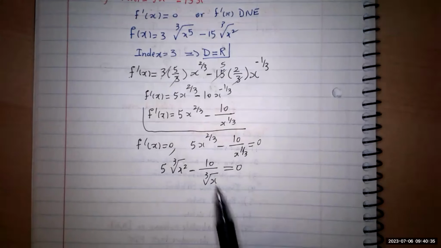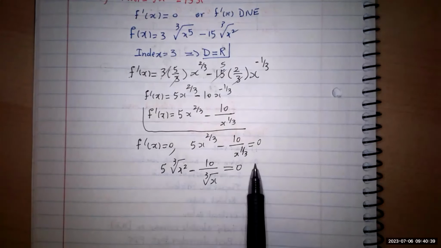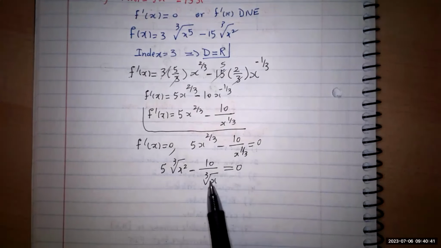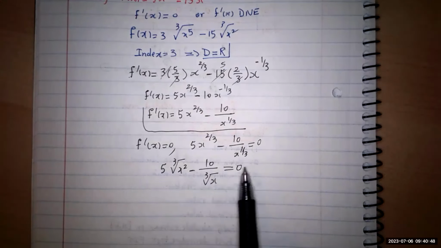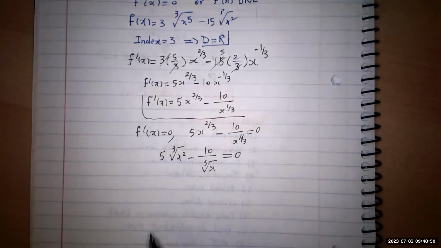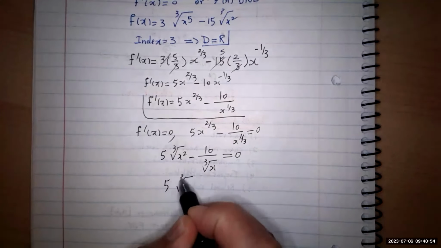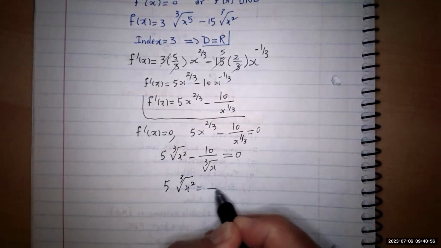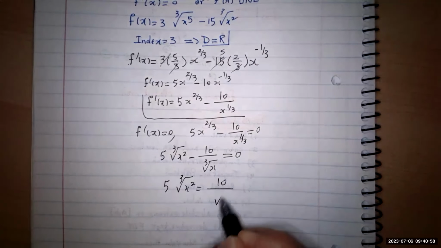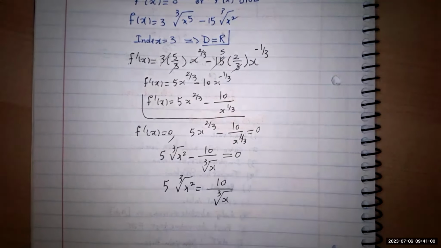To solve this equation, first you have to get rid of the denominator. You can multiply both sides by the cube root of x and then continue. Or since you have only two terms, you can move one of them to the other side and use cross multiplication. This is the one that I prefer. So it's 5 cube root of x squared equals 10 over cube root of x.